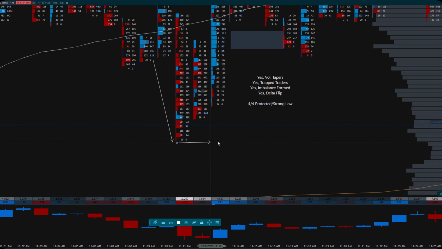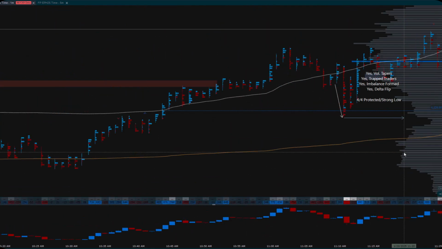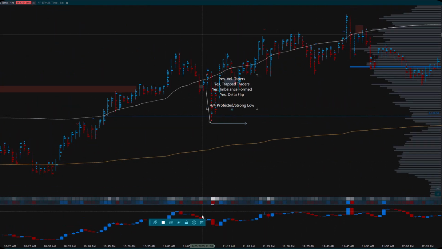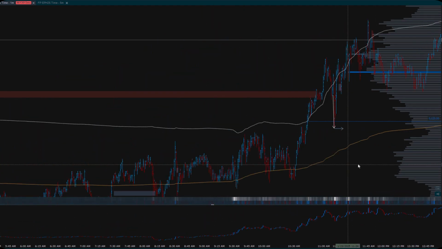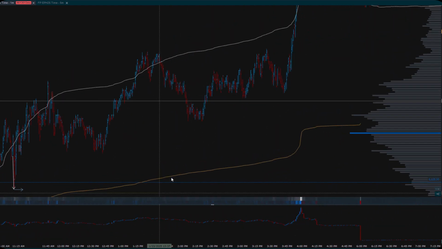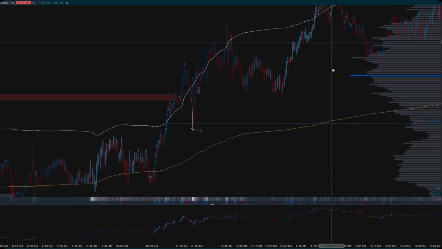So this is your strong low, and we can check to see if that gets taken out, and it doesn't. That's actually a very, very nice low, right?